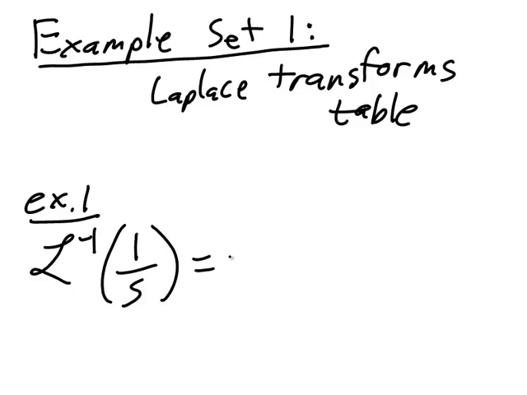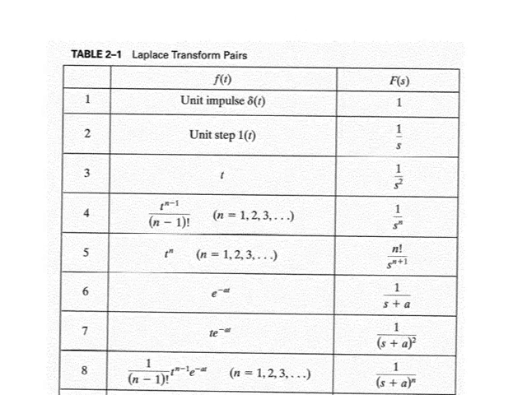All we have to do here is look at our Laplace transform table. In fact, this is the first step of doing an inverse Laplace transform for any kind of a function. The first thing you want to do is look at a Laplace transform table and see if your function matches something on this table.